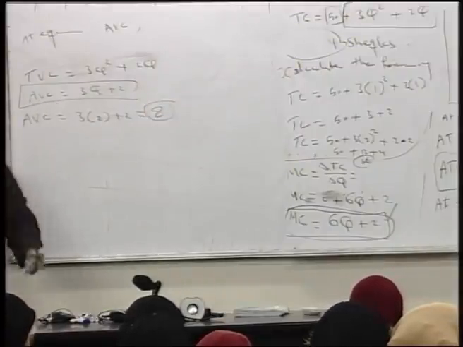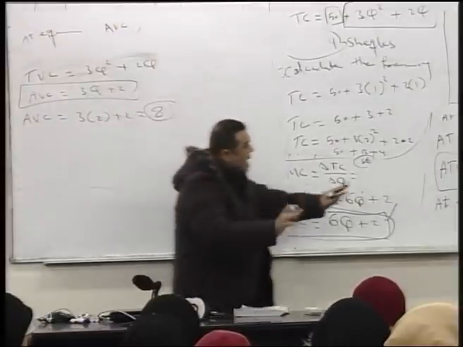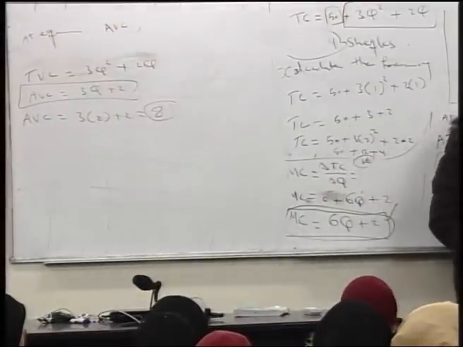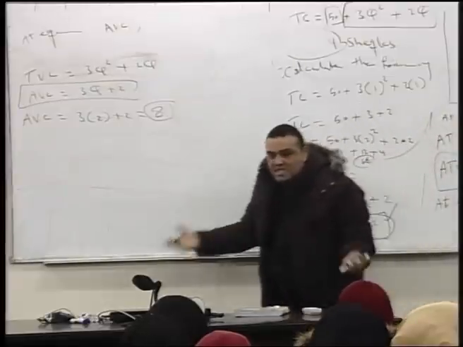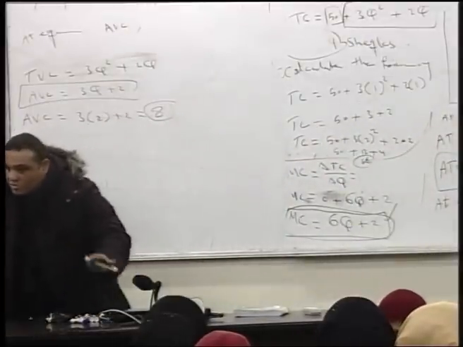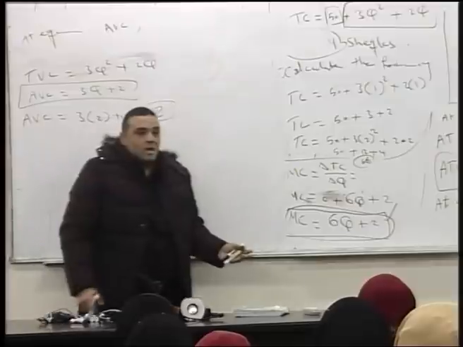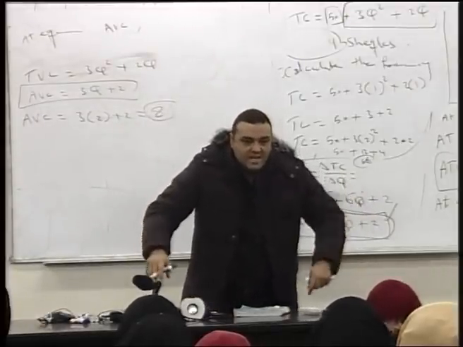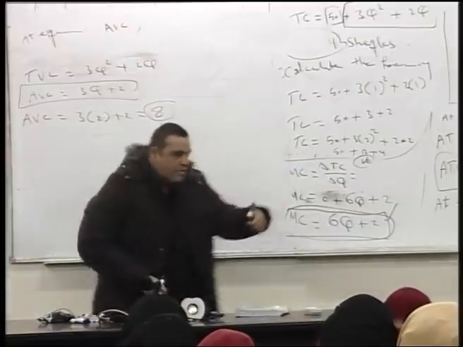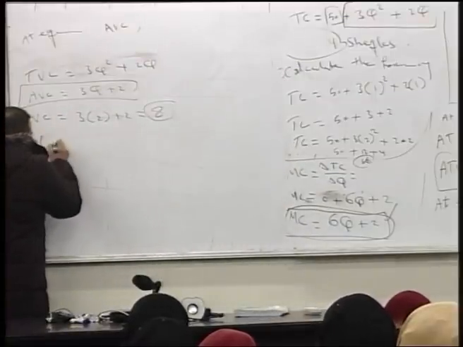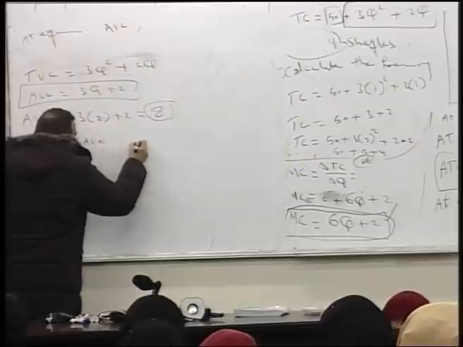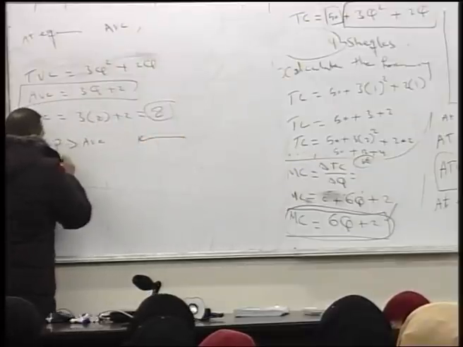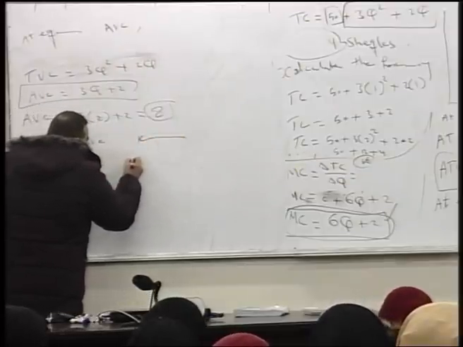What is your advice in this case? Here we have an economic loss. But what is your advice, to keep working or to close down? We have to compare price and AVC. We said before that if the price is bigger than AVC, keep working. If the price is less than AVC, close down.